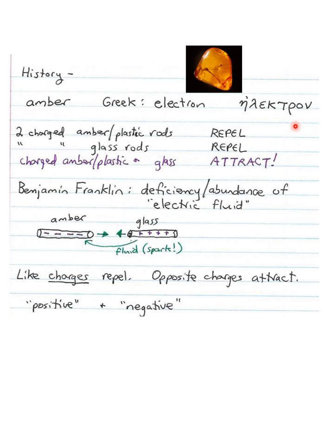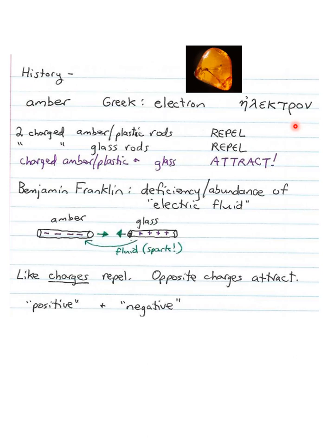And Benjamin Franklin was considering why this was happening, and he attributed it to an electric fluid that was held in all substances. And he said that whether they would attract or repel had to do with whether there was a deficiency or an abundance of this electric fluid.